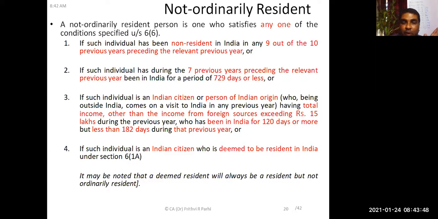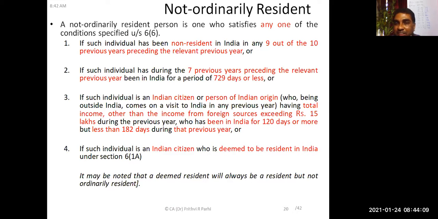Is it clear? Any one condition. As you can see in between, what is the word here? Or. Either this condition or this condition or this condition or this condition. That means any one condition is to be satisfied. Okay. Now, what is the first condition?